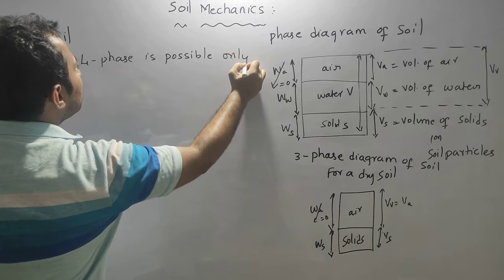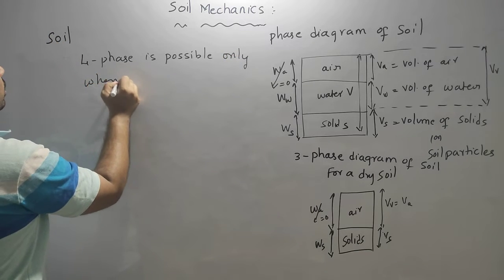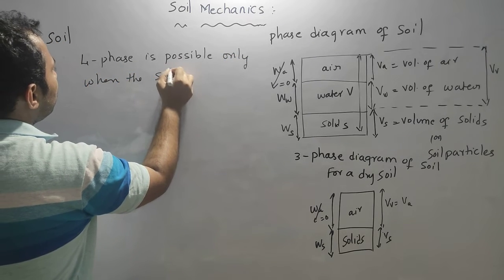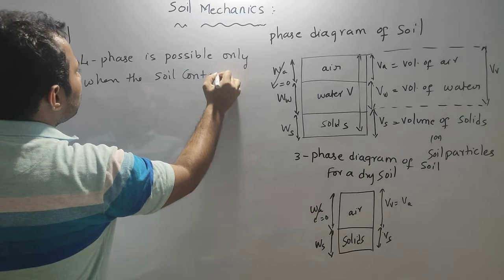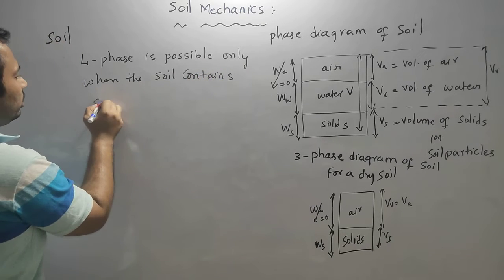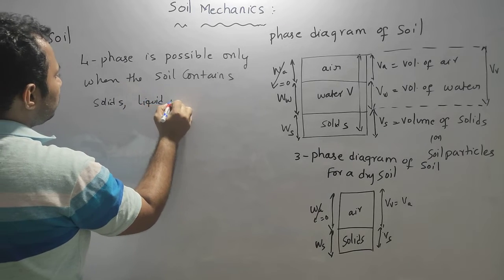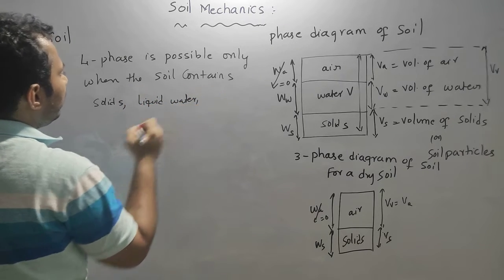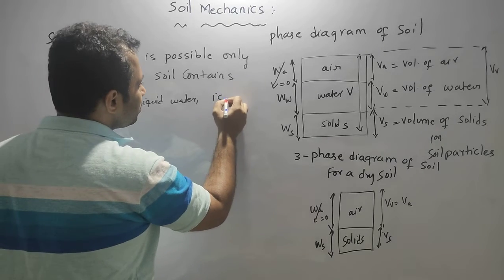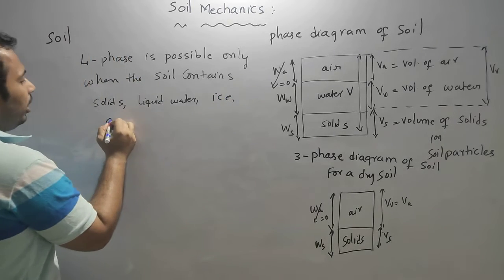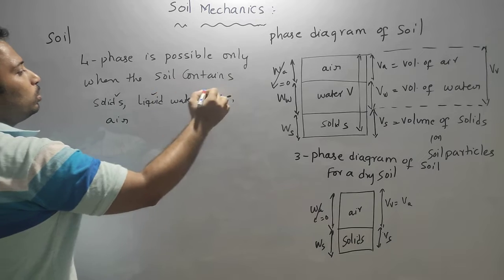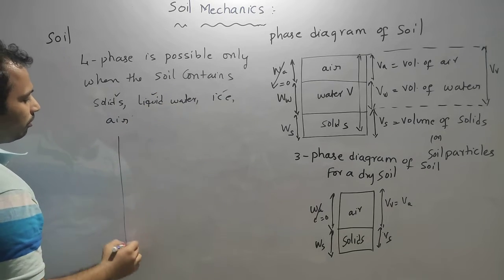So a four-phase diagram is possible only when the soil contains solids, liquid water, and solid water, that means ice, and air. See, 1, 2, 3, 4, that is a four-phase diagram.